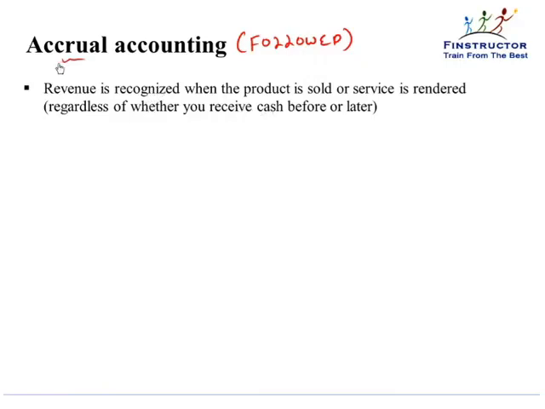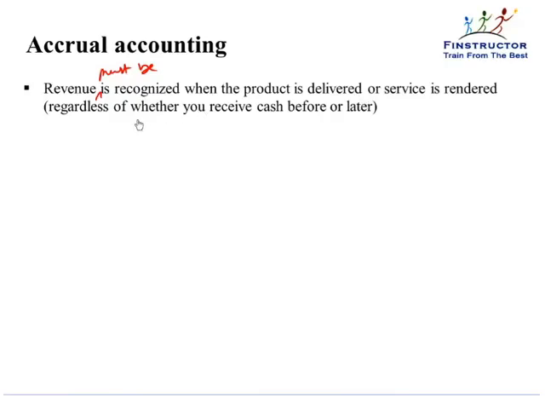So accrual accounting says that revenue must be recognized when the product is delivered. If you've delivered your product, you have to recognize the revenue regardless of whether you've received the cash or not. So revenue must be recognized when the product is delivered or the service is rendered.